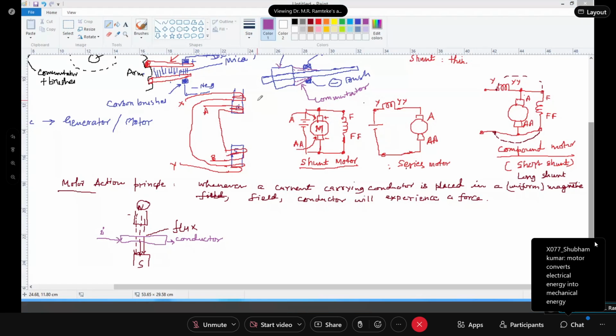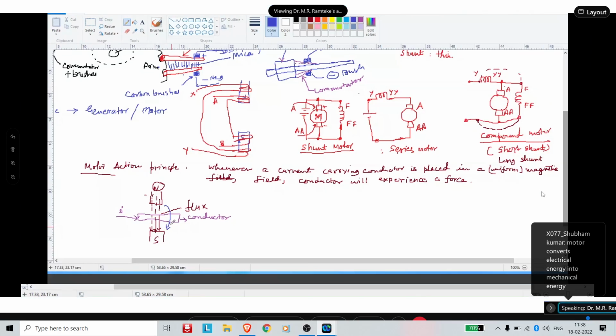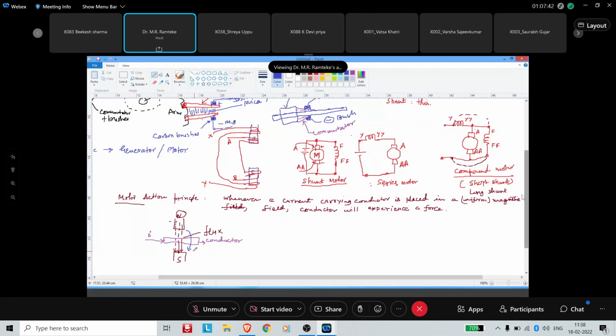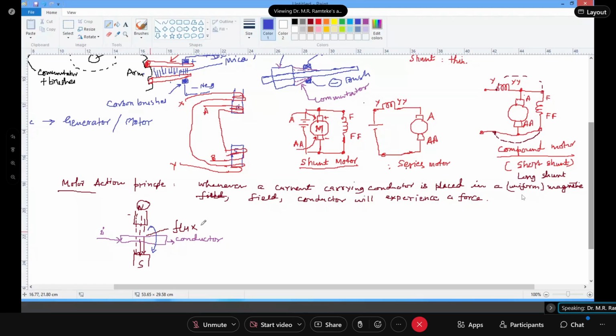So this conductor will experience a force. When it experiences a force, it means it starts rotating. Now the direction of rotation is given by Fleming's left hand rule.